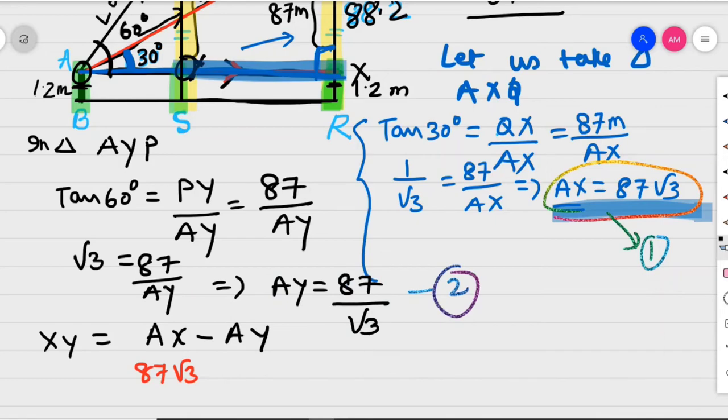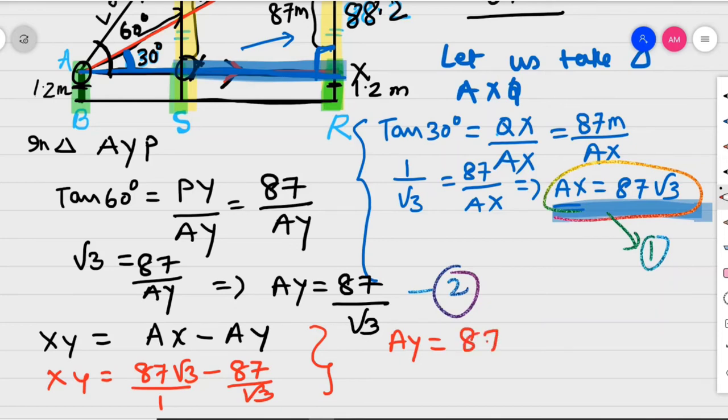So, 87 root 3 minus 87 by root 3. This will give you XY. Now let us calculate how much this is. You cross multiply or take out the LCM, you will get 87 into 3 minus 87 by root 3.